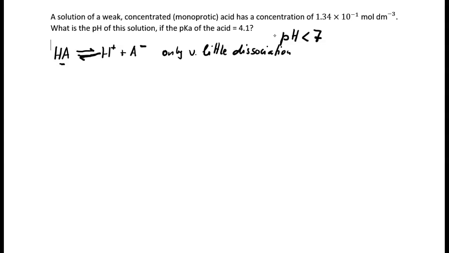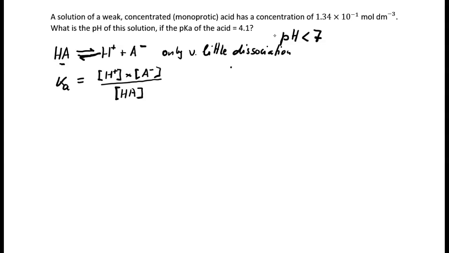We can write an equilibrium for that, and we can abbreviate it as Ka, and this would be the concentration of the protons times the concentration of the conjugate base divided by what our acid concentration is once the reaction has reached the equilibrium.